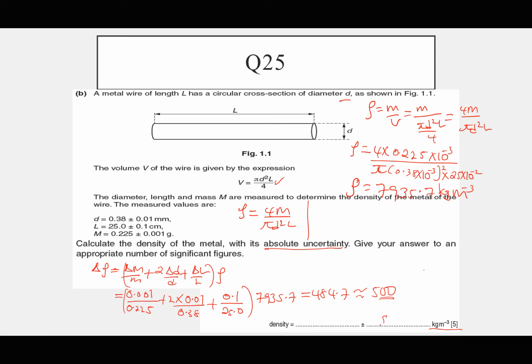So because this is 500, the value here should also end in two zeros. So I'll go back and modify this. Therefore, it becomes 7900. That is the most appropriate way of writing the true value with its absolute uncertainty. I hope that is home and dry and understandable.